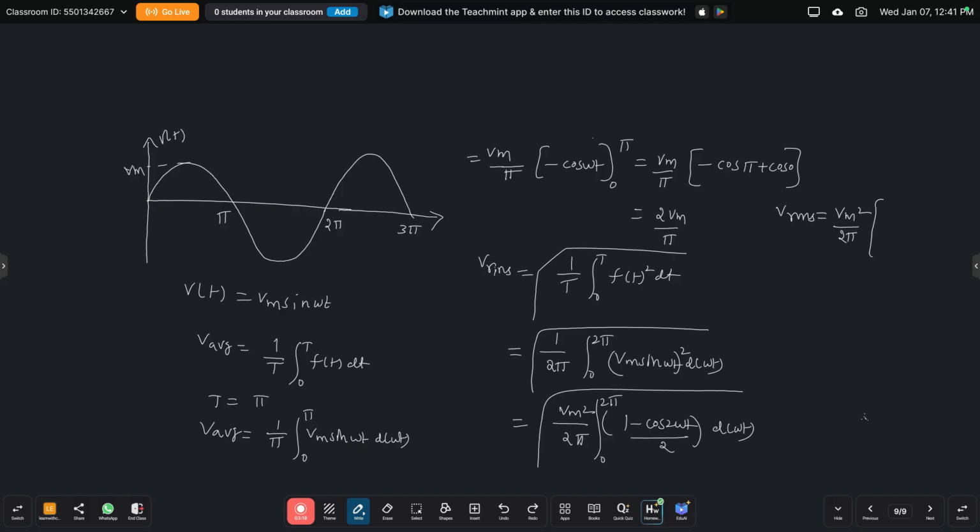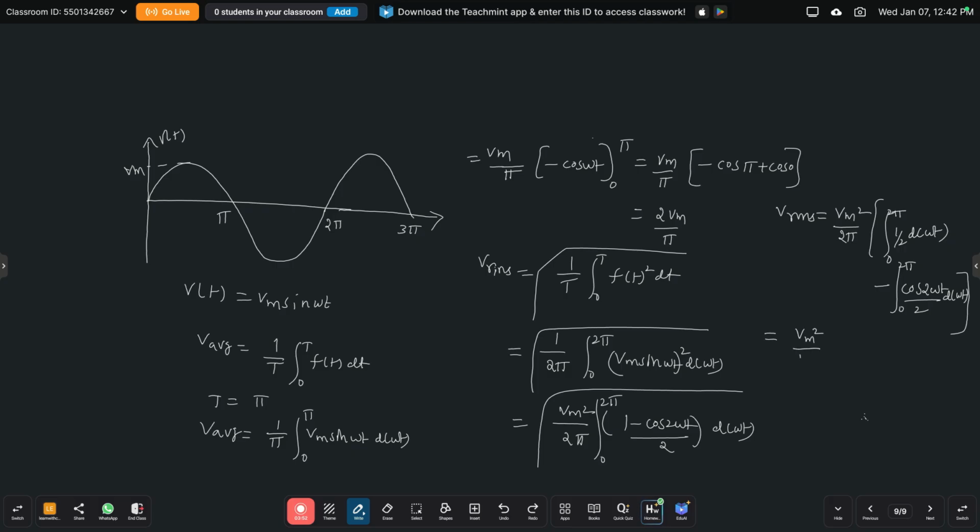integration of 0 to 2 pi 1 by 2 d of omega t minus integration of 0 to 2 pi cos 2 omega t by 2 d of omega t, which is equal to Vm square by 4.